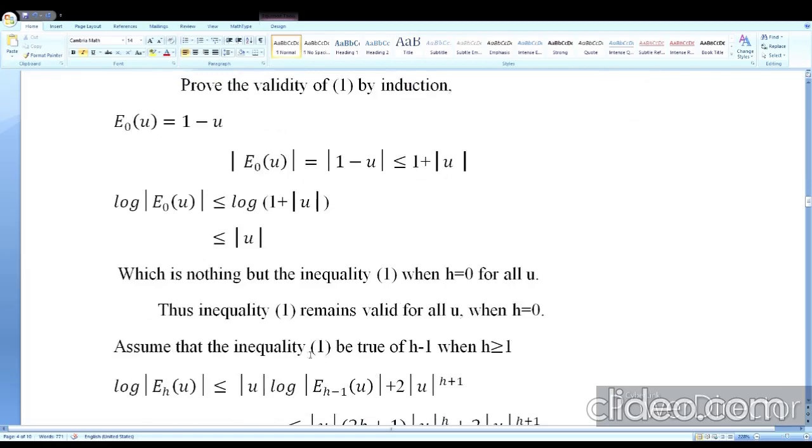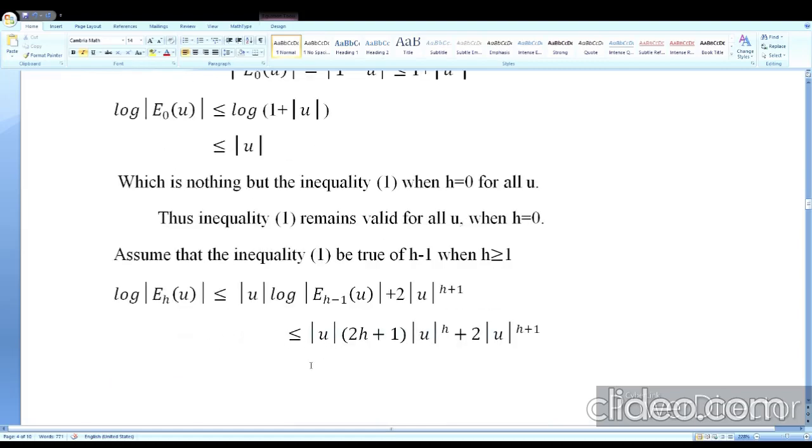Assume that inequality 1 is true for h minus 1, where h is greater than or equal to 1. That is, log modulus of E_h of u is less than or equal to modulus of u into log modulus of E_(h minus 1) of u plus twice modulus of u power h plus 1. That is, we can apply inequality 1 for log E_(h minus 1) of u.